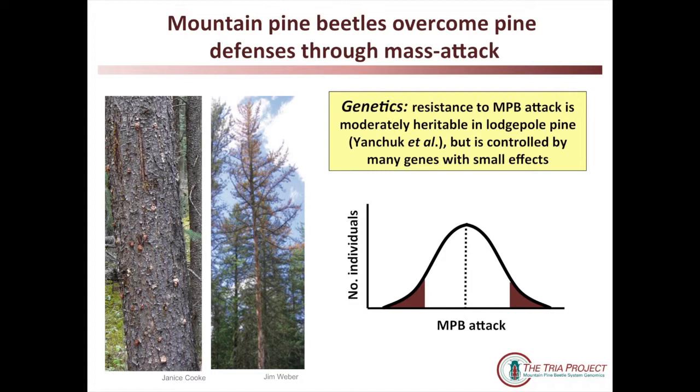But given the genetic architecture of this trait, this is not a single gene resistance. It's not even a small number of genes that are likely contributing to this resistance, which I should stress is moderate, but it is clearly controlled by many, many genes, each with very small effects. But it does say that there is a genetic contribution to the tree's resistance and the ability of the tree to defend itself.